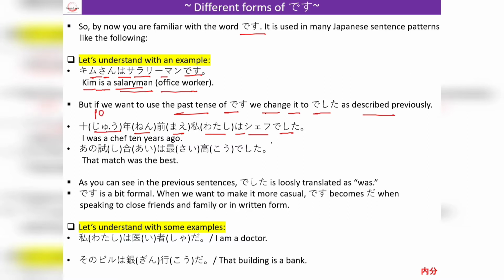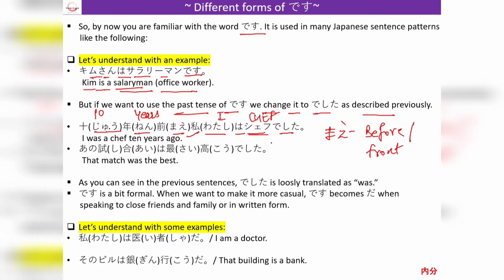Juu is 10, nen is year, mae is before, front, watashi is I, shefu is chef. So I was a chef 10 years ago.